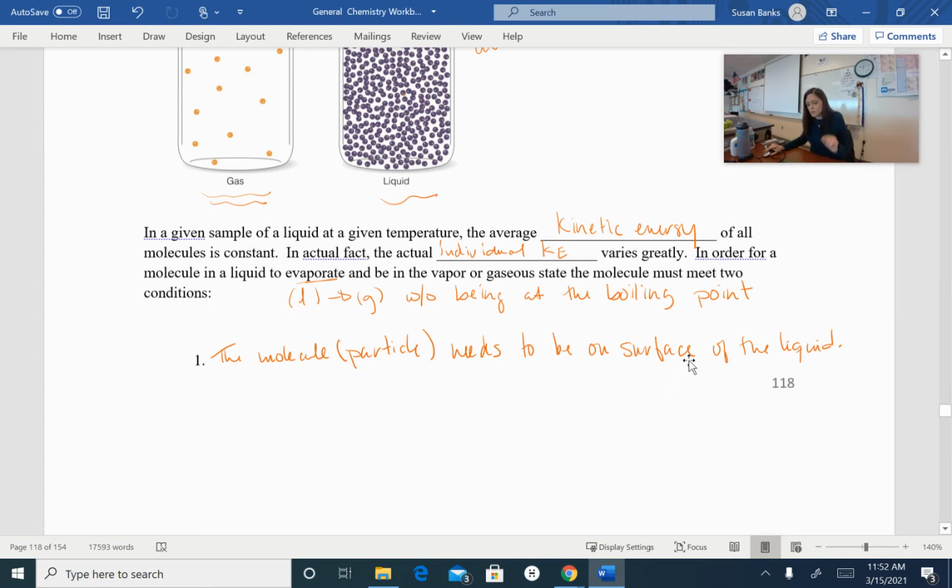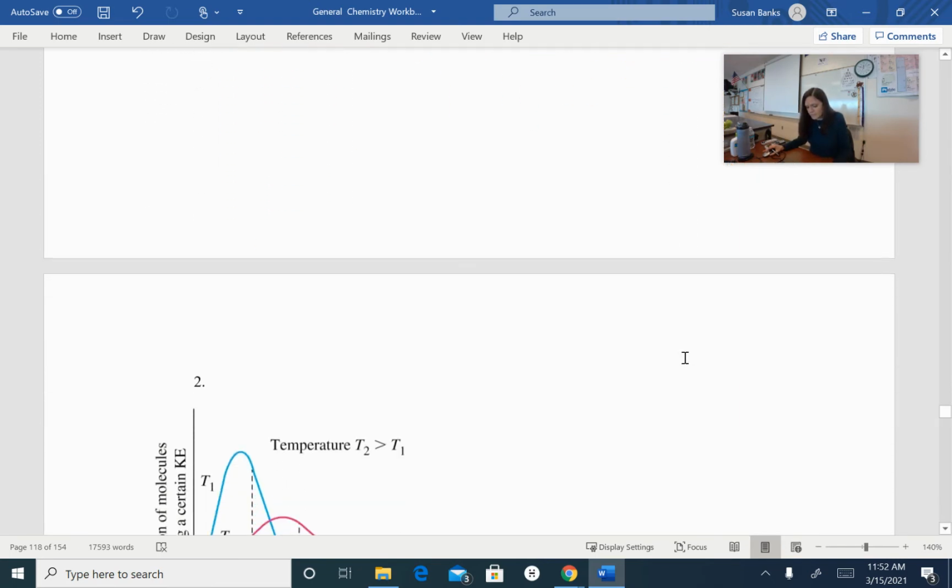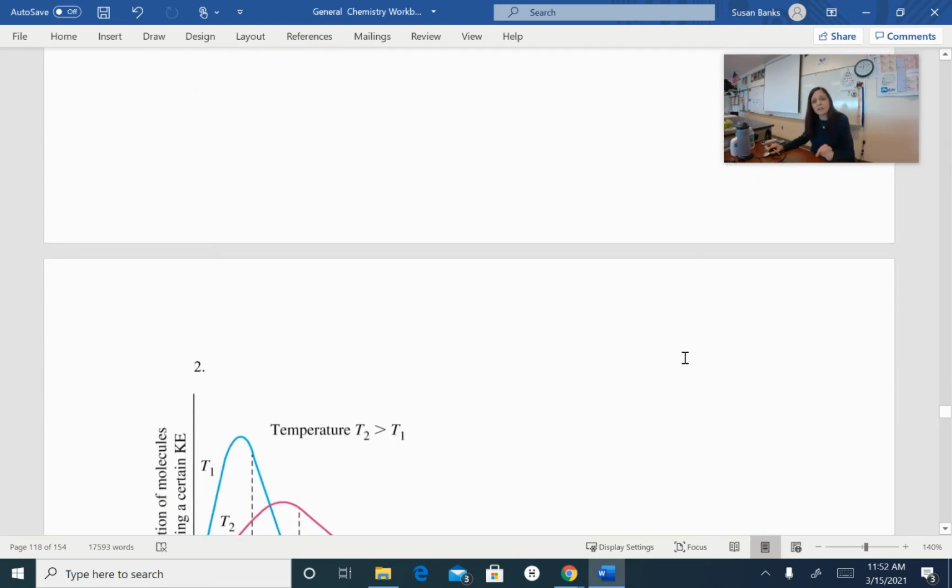Okay? There's one more thing that it also needs. It needs to have enough kinetic energy to break free of the molecular forces of the neighboring molecules. Remember a while back when we talked about intermolecular forces? And we talked about three different types of intermolecular forces.